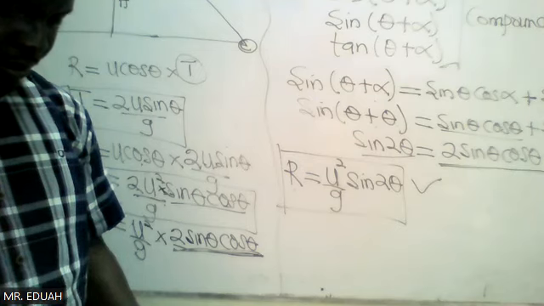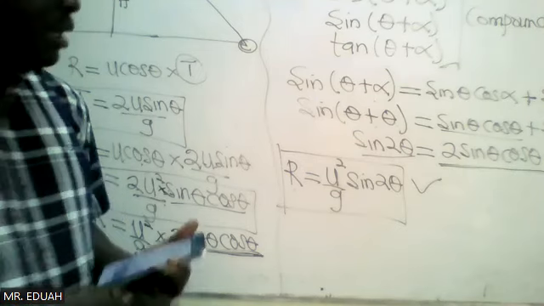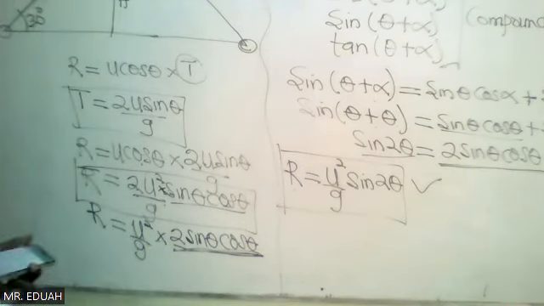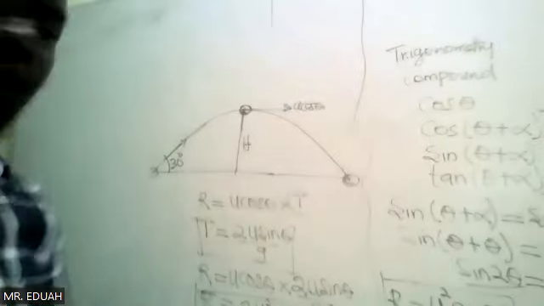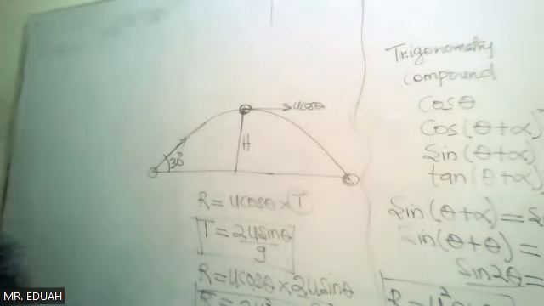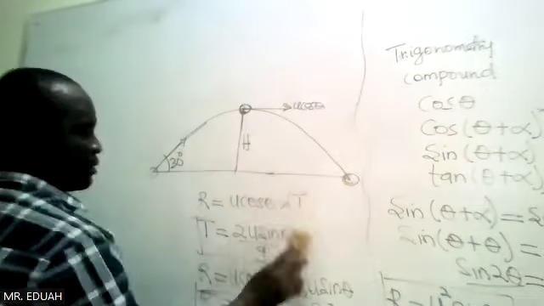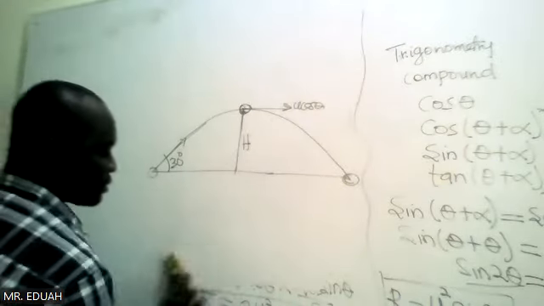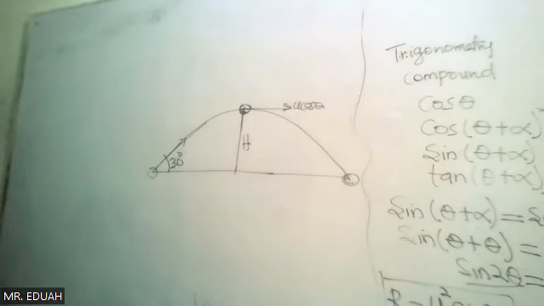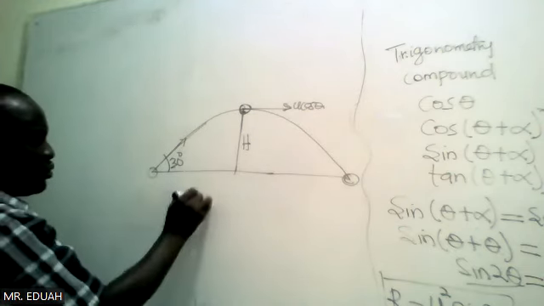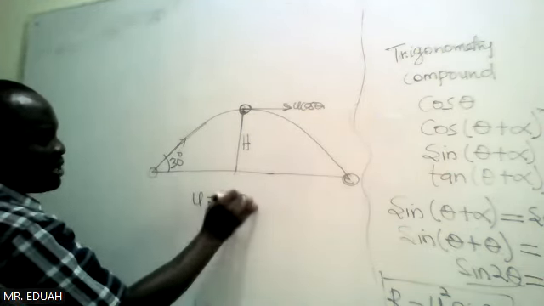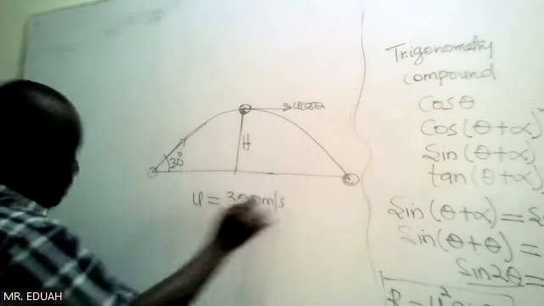In the first one, the value we were given as the velocity of projection was 300 meters per second.